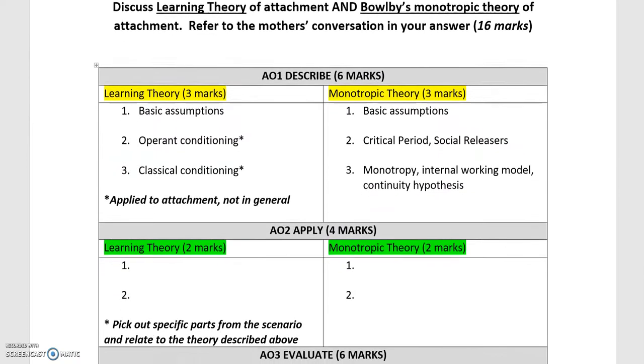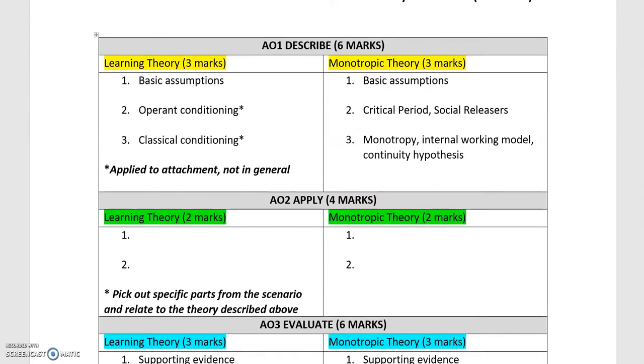As in the boxes in your booklet, there are 3 things you have to do. You have to describe for 6 marks, apply for 4 marks and then evaluate for 6 marks. And then you have to do that for both learning theory and monotropic theory. So there's quite a lot going on.